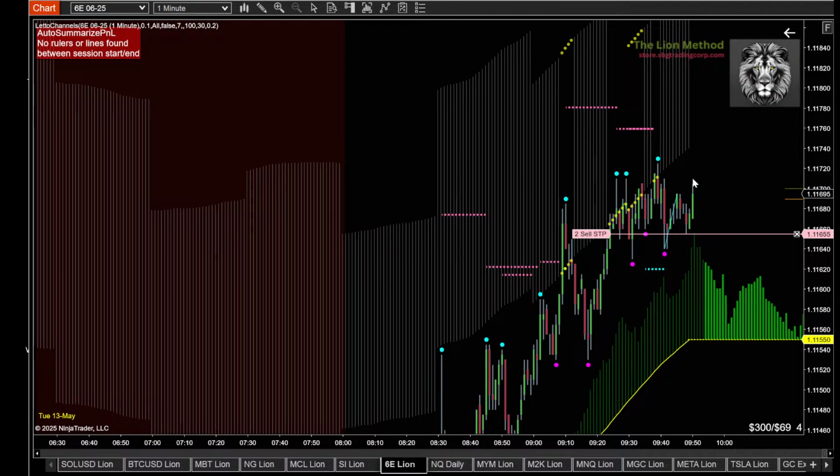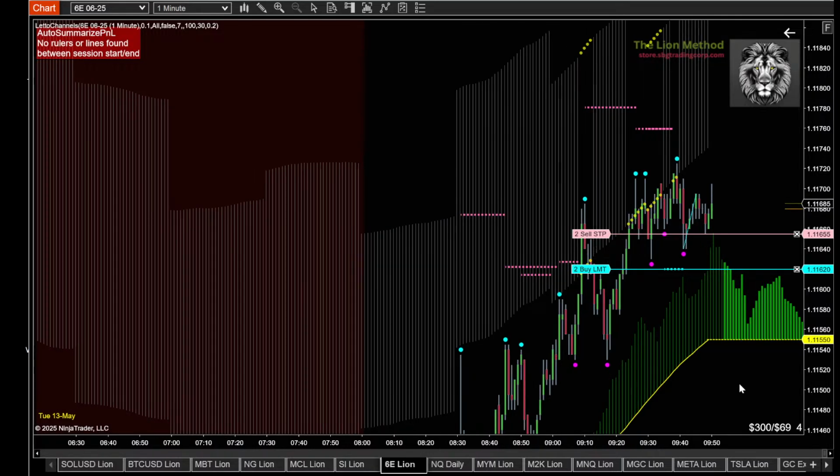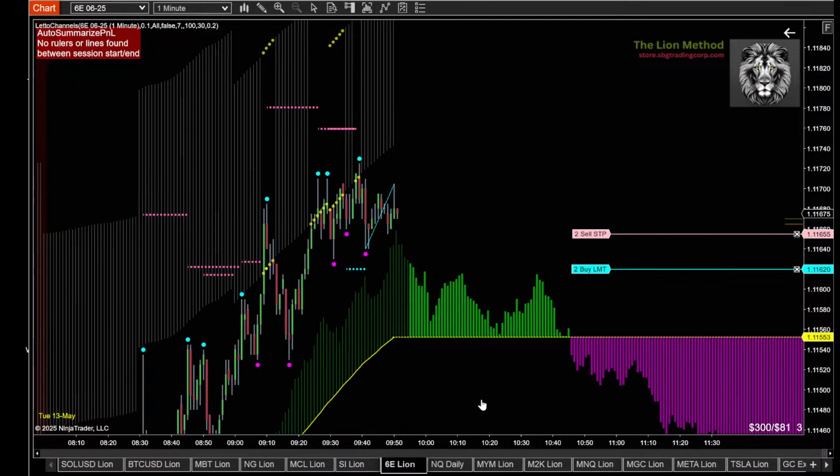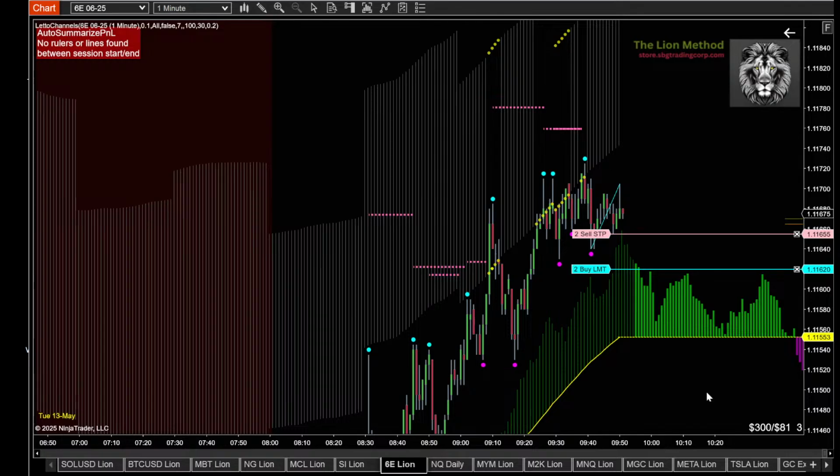Not interested in chasing this upward. We know our target. That's already printing. See, pretty strong up here for the next hour, roughly.